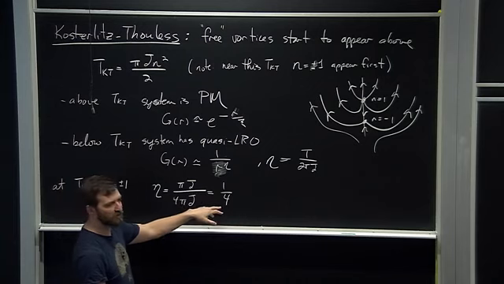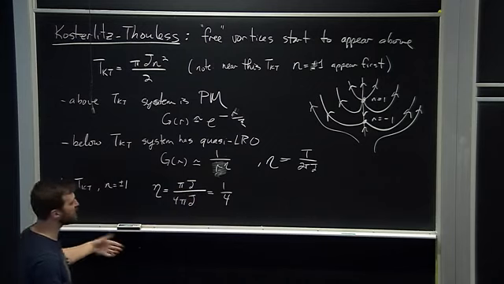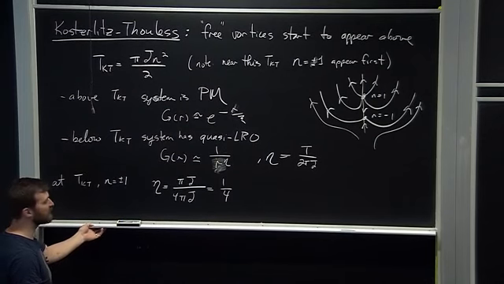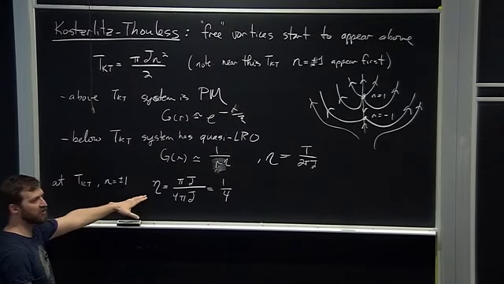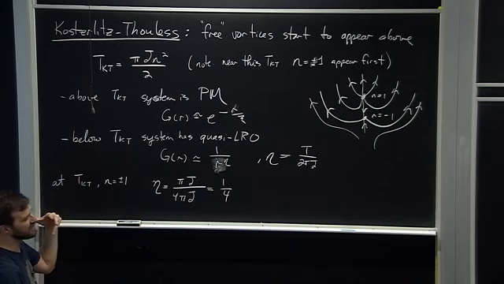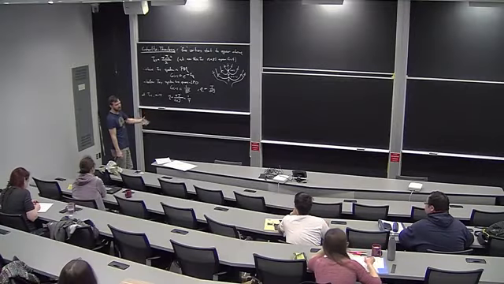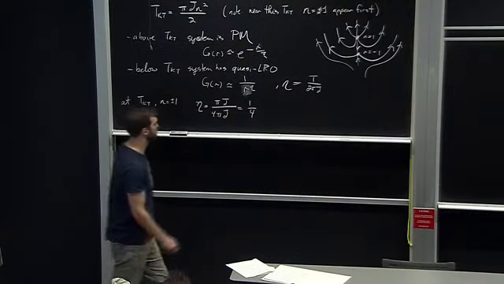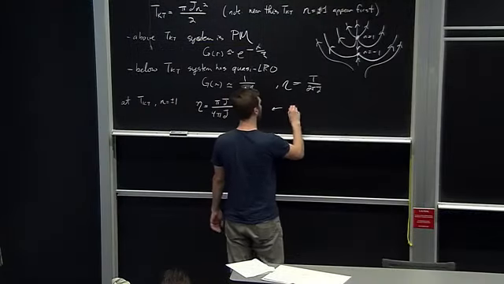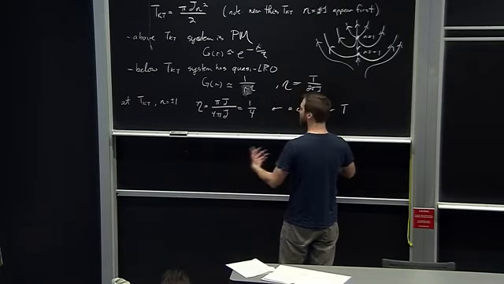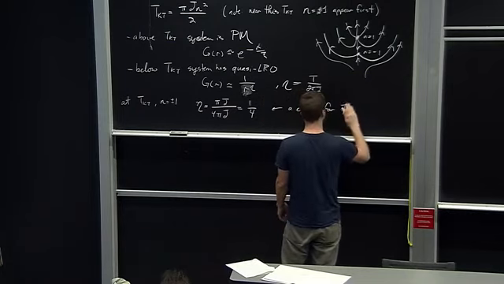The anomalous dimension is usually 0. It's 0 in the Gaussian theory. So here it's something appreciable. This is often the easiest check that you can do to see if a certain phase transition is of Kosterlitz-Thouless type, because it's such a strong signal.